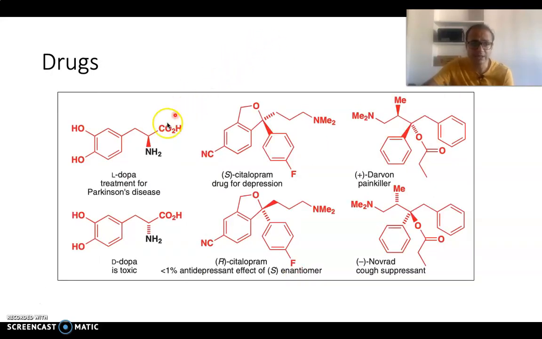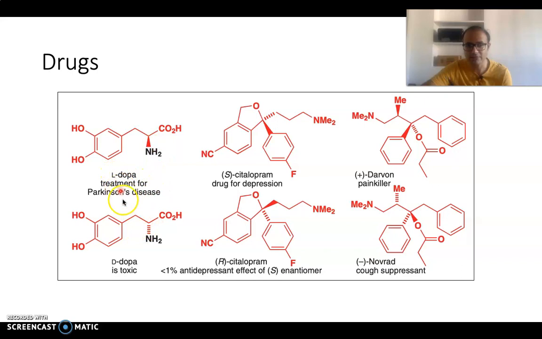Now coming to the drug molecules, this is an example of L-dopa. It's a very common, largely used drug for treating Parkinson's disease. Since we have an asymmetric center here, it definitely has two possible stereoisomers.